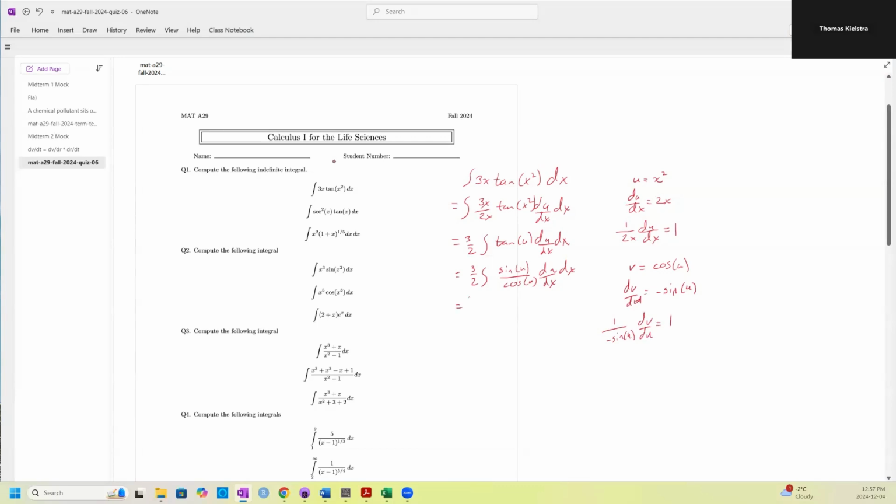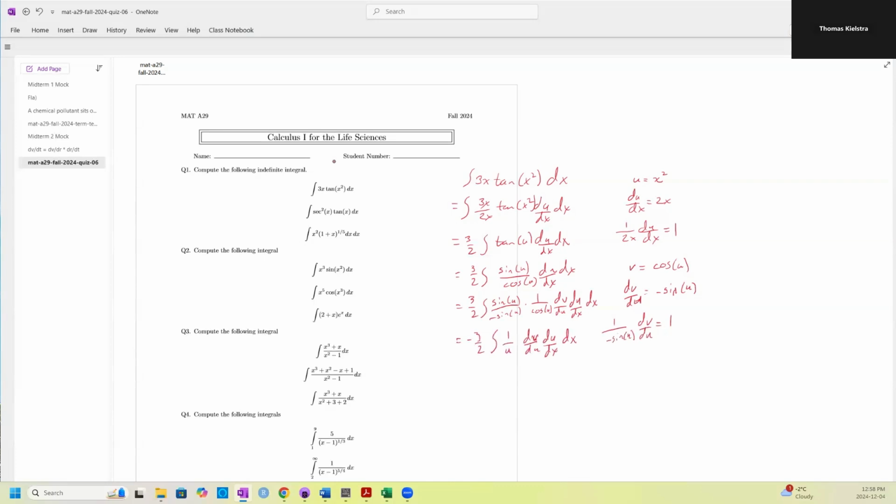So this equals 3 over 2, the integral of sine u over minus sine of u, 1 over cos of u dv by du by dx, which equals minus 3 over 2 integral of 1 over v dv by du by dx.